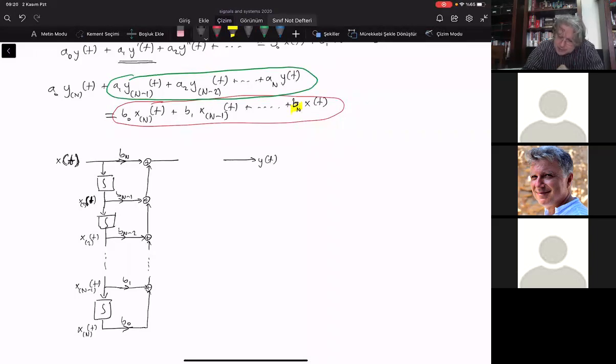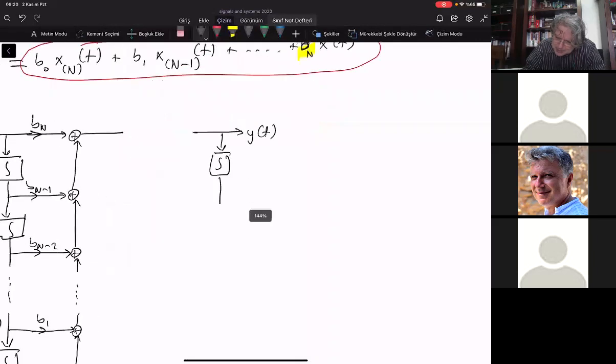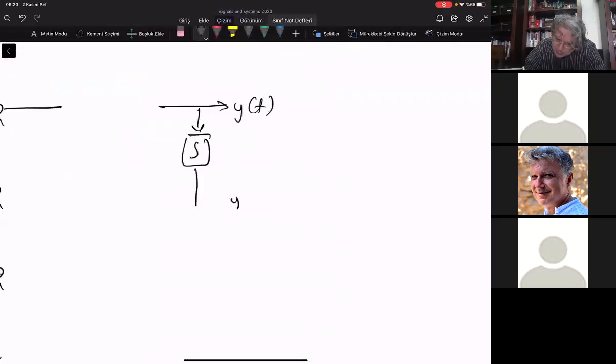When I integrate y of t, I will have y sub 1 of t. It looks bad, sorry. Let me try it better, like y sub 1 of t, okay?